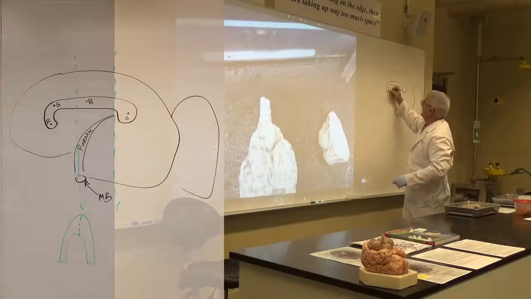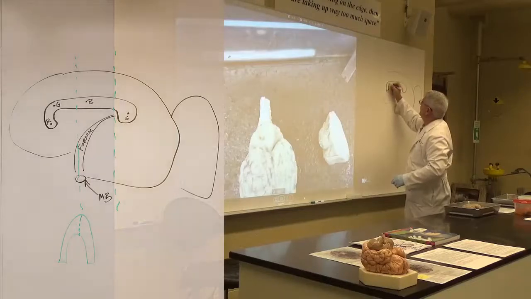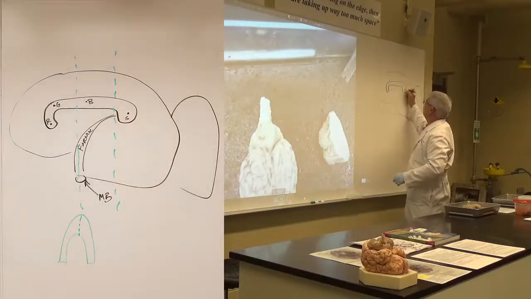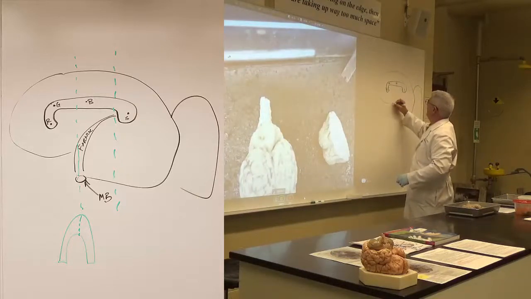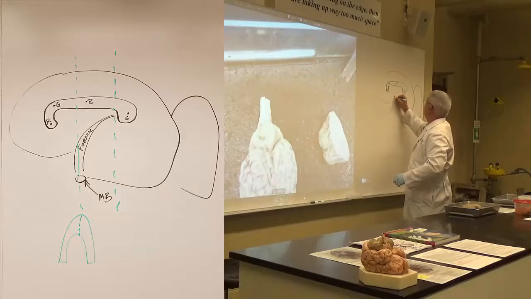And we have here the rostrum, genu, body, and splenium of the corpus callosum. Remember, the fornix sort of came up like this, right?